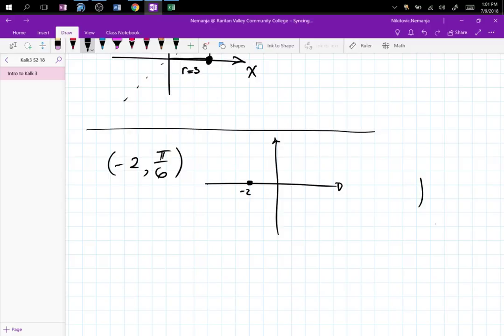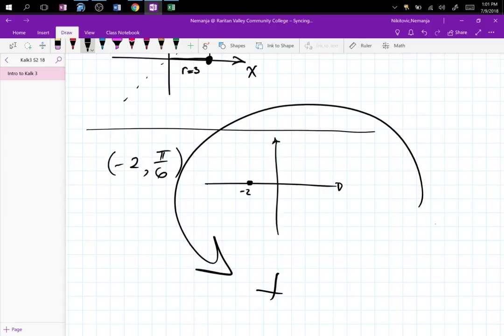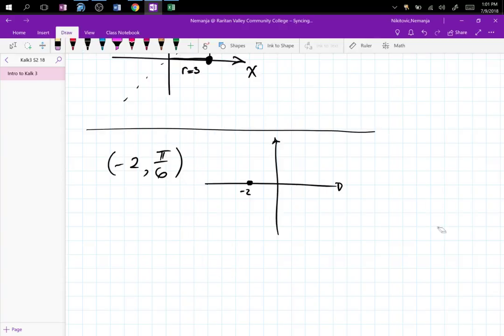Guys, positive angles go counterclockwise. Like clocks go backwards, right? This is older than clocks. So positive angles go, you go from the x-axis and your pi over 6 is here. That's your pi over 6. So the point is right there. So that's the point.